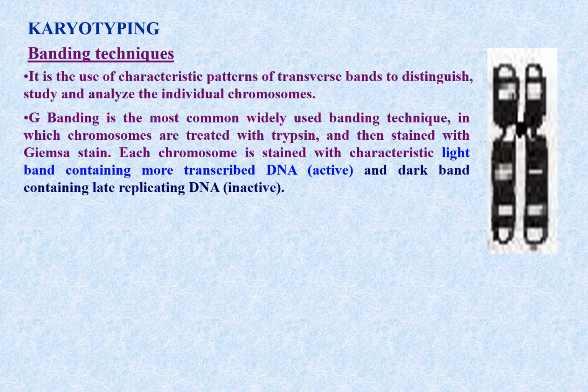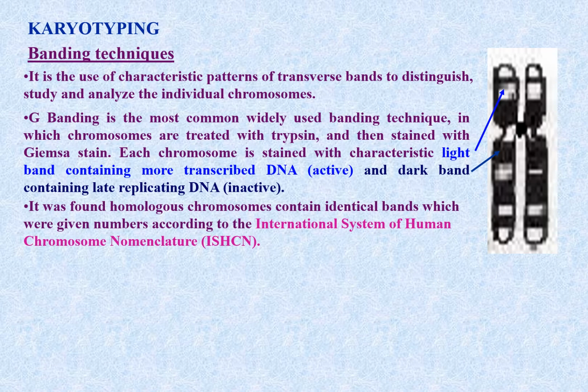Each chromosome is stained with characteristic light bands containing more transcribed DNA, that is active DNA, and dark bands containing late replicating DNA, that is inactive DNA.